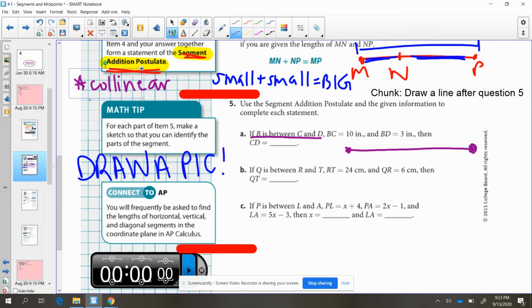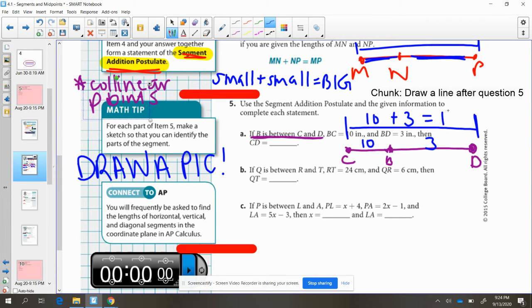When we draw this picture, if B is between C and D, our endpoints, B is somewhere on here, and they're telling us BC is 10 and BD is 3, and they want us to calculate the entire length from C to D, which is going to be 10 plus 3, so 13 units. Now in the next example, again, we're going to draw our picture.